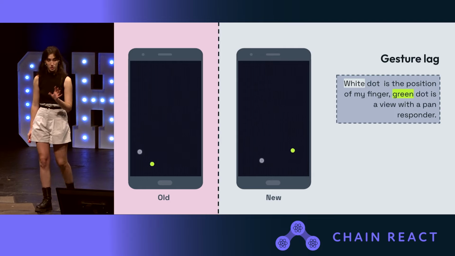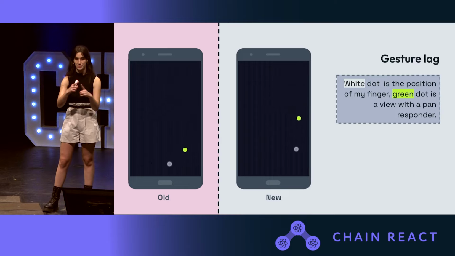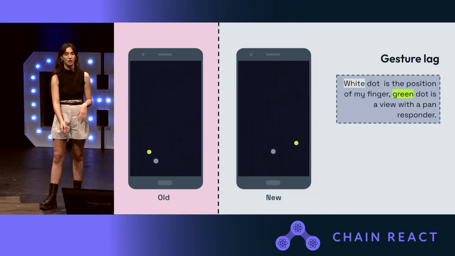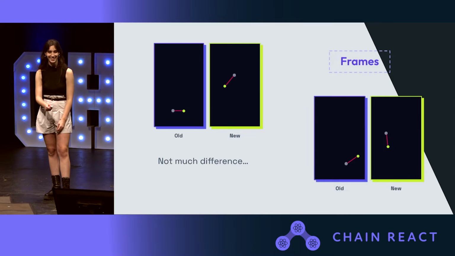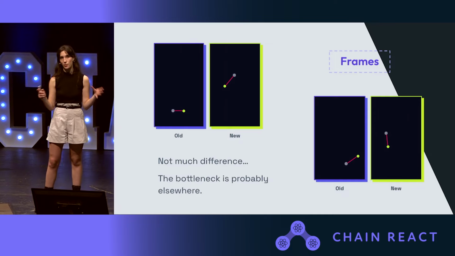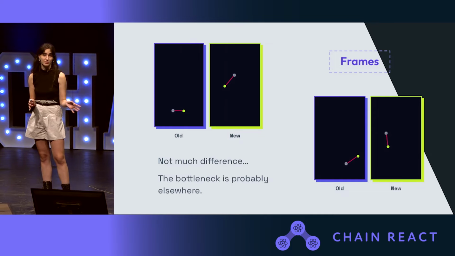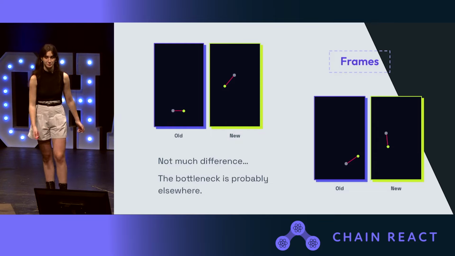To be honest, I cannot see a difference in the video, in the spacing between my finger and the view with the pan responder. I took out some frames, and I cannot see a difference either. So I think that for this particular case, the bottleneck may be elsewhere. Maybe it has something to do with the low-end device that we picked.